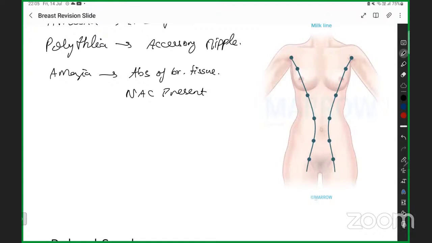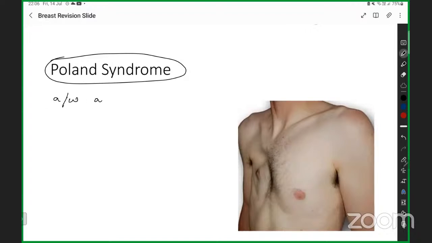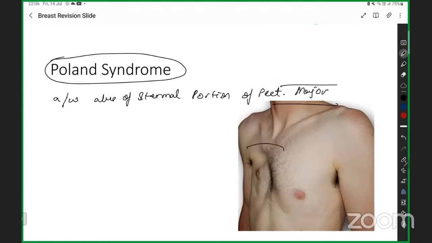Okay, next we are going to see Poland syndrome. What is Poland syndrome? It is associated with absence of the sternal portion of the pectoralis major. So the pectoralis major muscle is absent in the patient. That is called Poland syndrome.